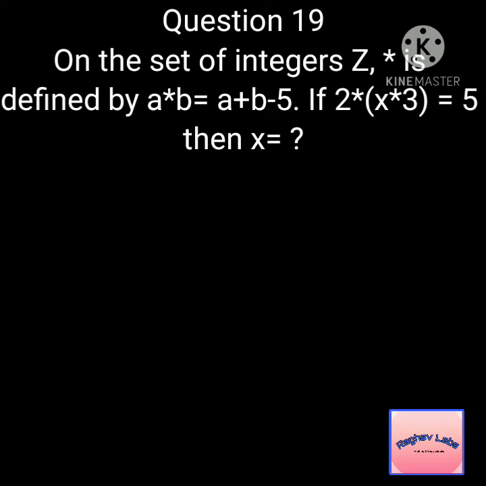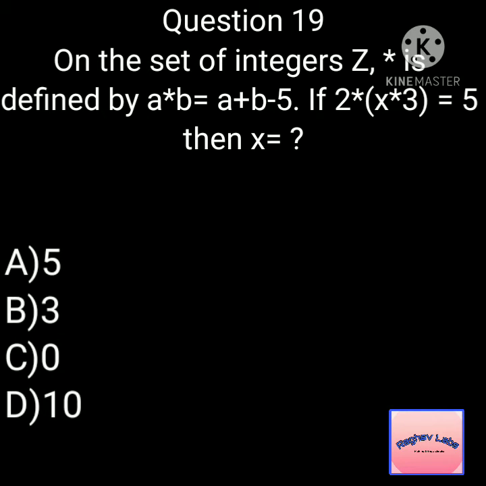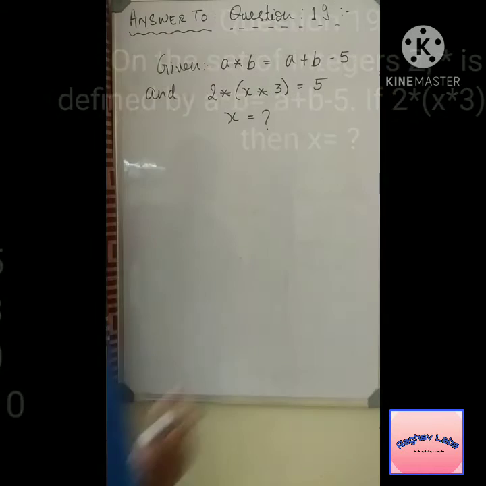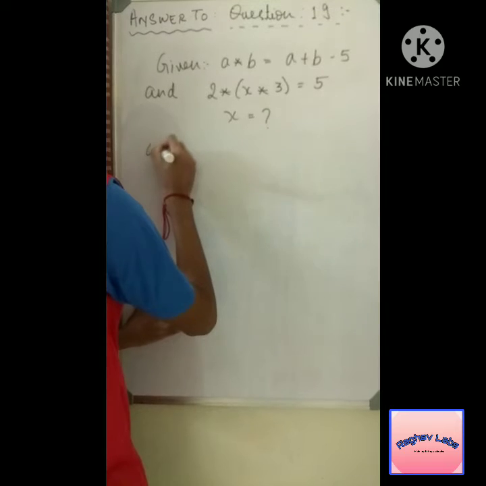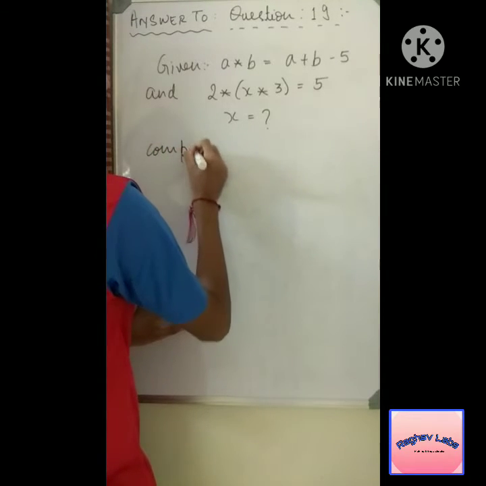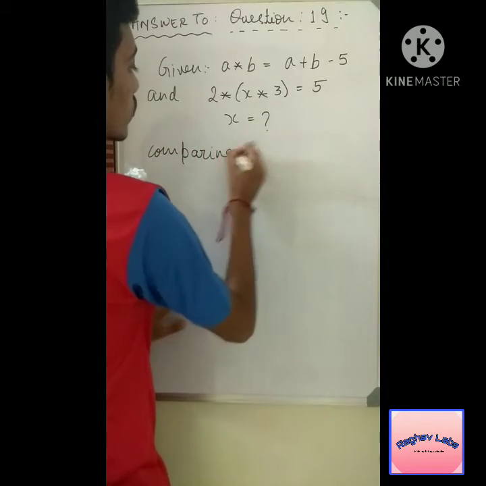On the set of integers Z, star is defined as A star B is equal to A plus B minus 5. If 2 star x star 3 is equal to 5, then x is equal to, the options are given as follows. In order to solve this, we should use both given equations.